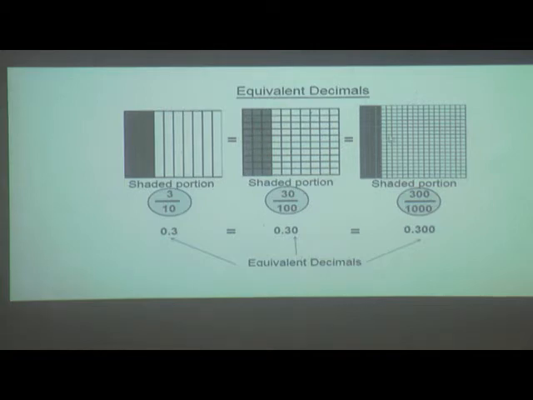Here it is divided into 1000, and here also only 3 parts are shaded. But we don't know how many internal parts it is divided into, so we found out and tried to write the number of shaded parts in fraction form. So we have written the shaded portion of all the figures in fraction form.